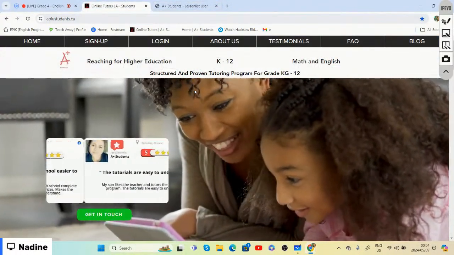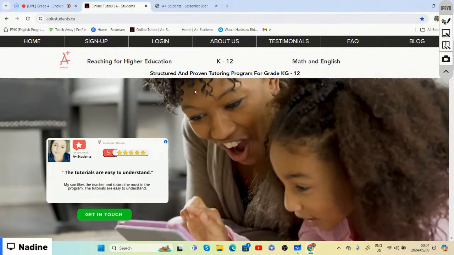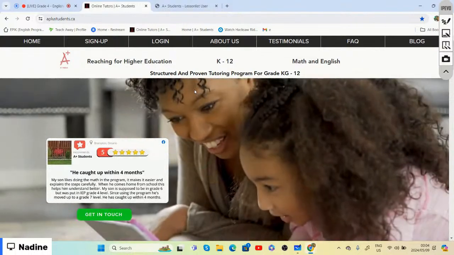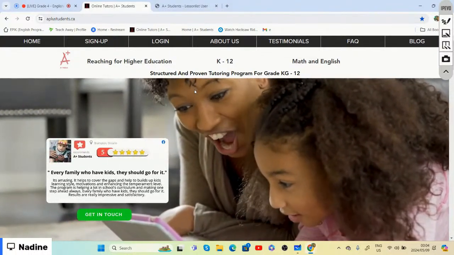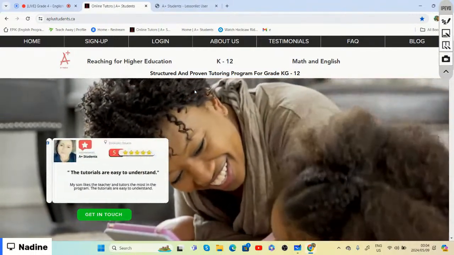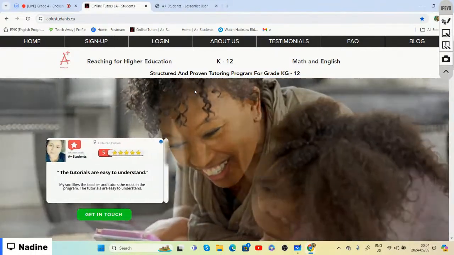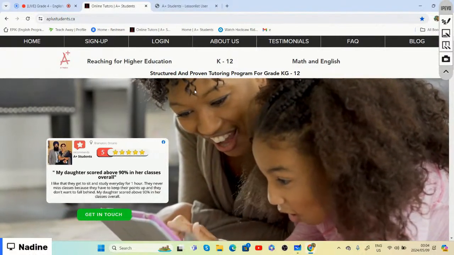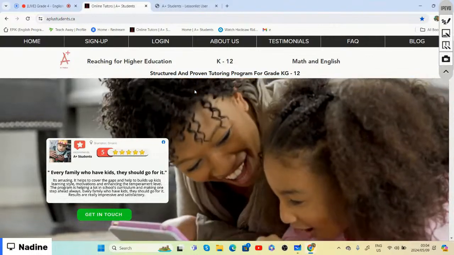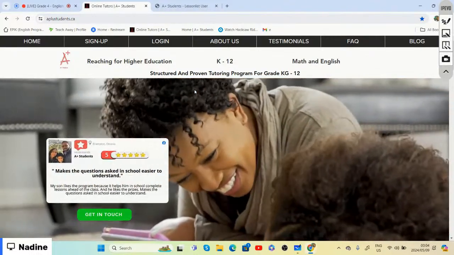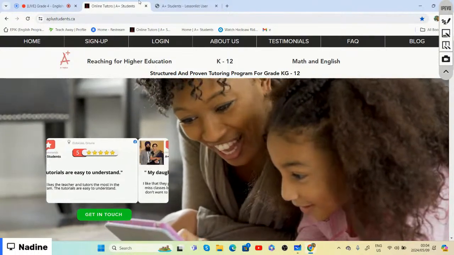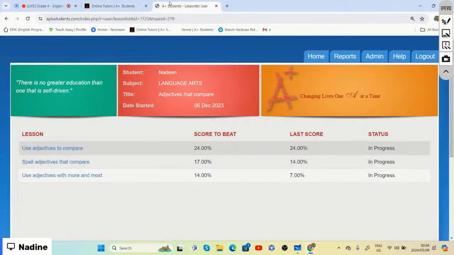Once you've logged on with our username as well as our password, we're going to select the subject of language arts, grade 4. Then we're going to scroll down until we get to our chapter of adjectives that compare.